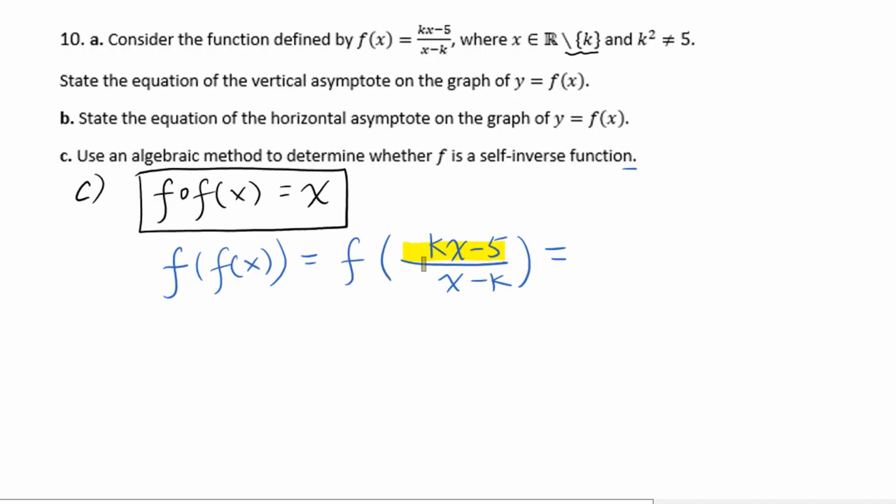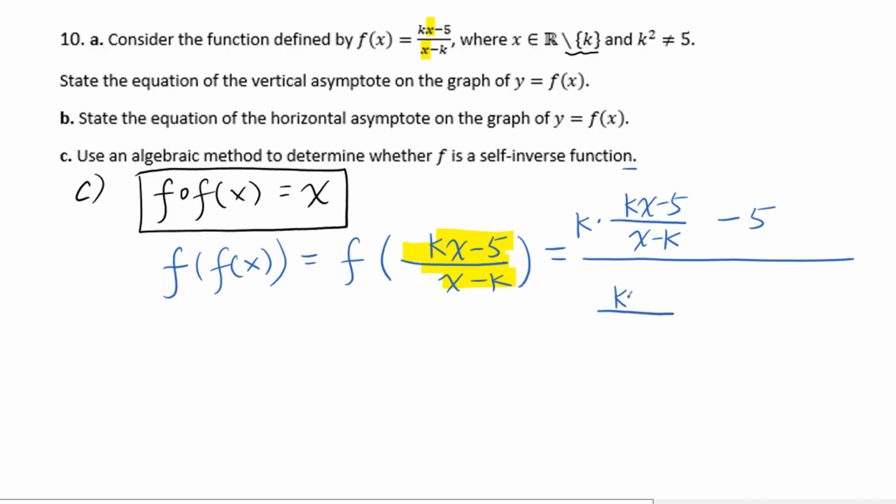This means every single x in the f function, you will change into kx minus 5 over x minus k. So we have k times kx minus 5 over x minus k, minus 5, over kx minus 5 over x minus k, then minus k.